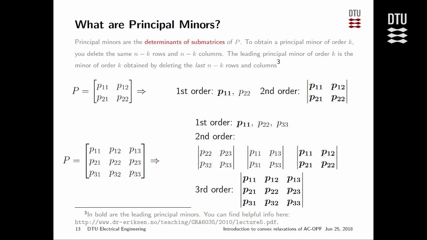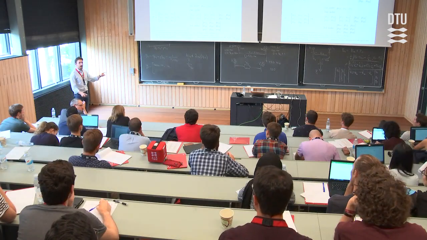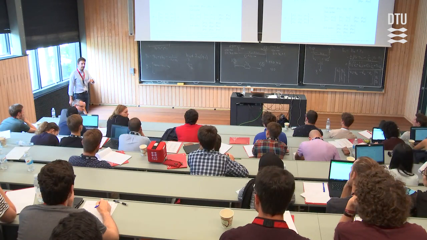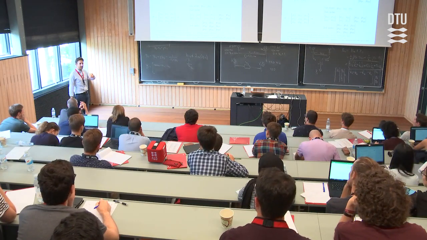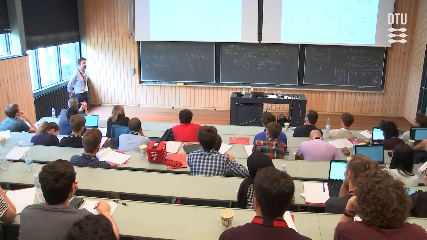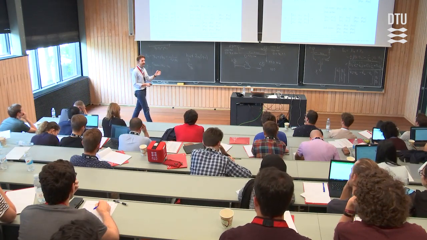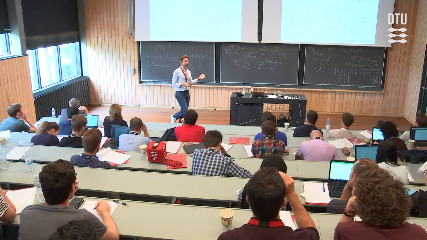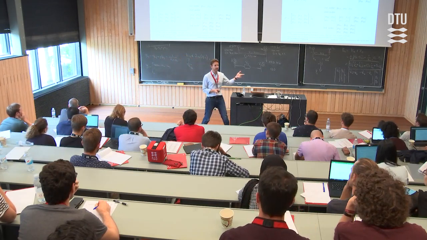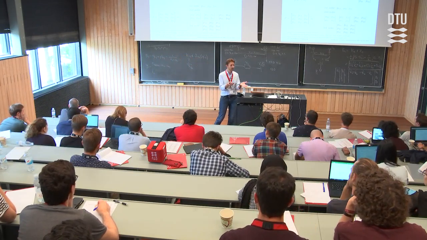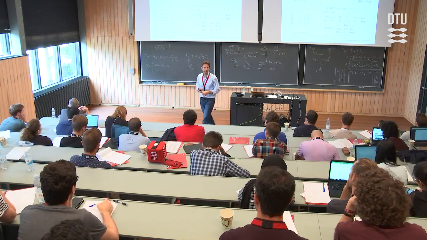P12 is equal to P21. When is this positive semi-definite? Yeah? P11 is non-negative. Yes. And the determinant of the 2x2 matrix is non-negative. So we have two conditions that have to hold besides it being symmetric. P11 must be non-negative. The determinant of the whole matrix, because we had only 2x2, must be non-negative.